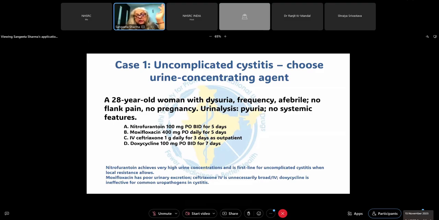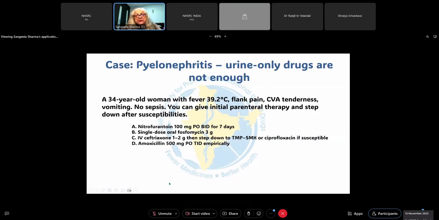It reaches a high urine concentration, so that is why it is used as a first line agent for uncomplicated cystitis. Moxifloxacin is not used because it does not reach good excretion in the urine. Ceftriaxone is also unnecessary here, because it is broad spectrum and has to be given IV. Doxycycline is ineffective, but this depends on the susceptibility pattern.